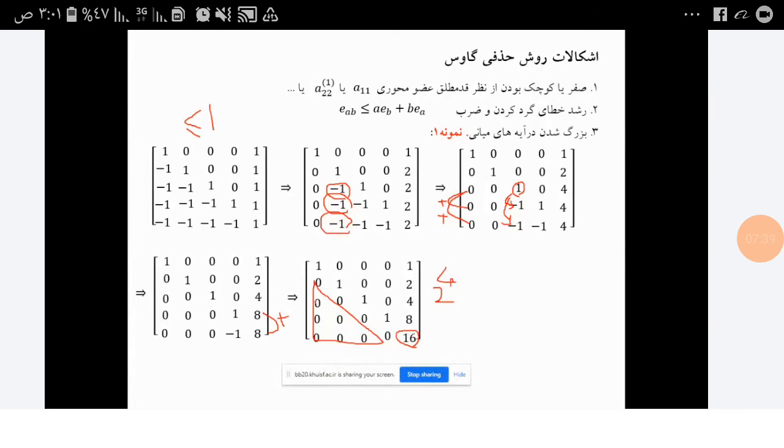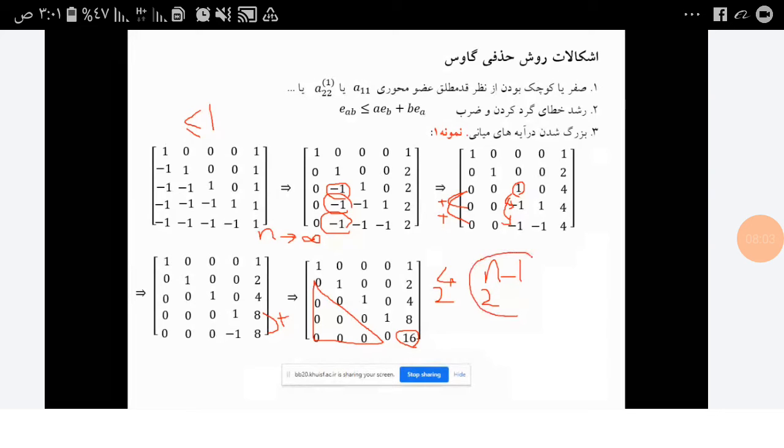Okay, if my matrix has a large dimension, I mean n is very big, we have an element that is 2 to the power n minus 1, and it will be very huge. We will have overflow in Gauss elimination.